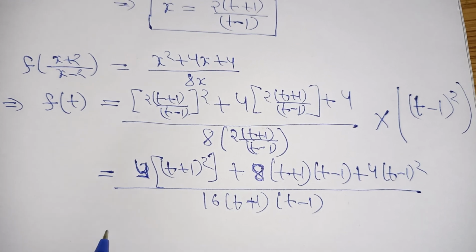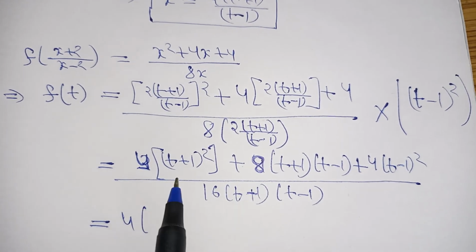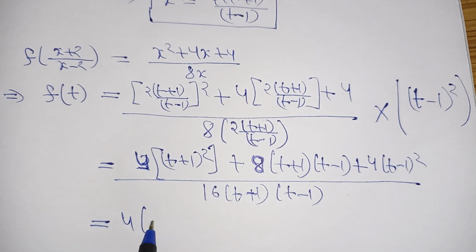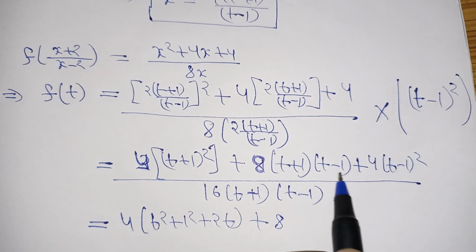Right, now we simplify these terms. So 4 by expanding (t plus 1) whole square, that will become t square plus 1 square plus 2t, plus 8 into (t plus 1) and (t minus 1).